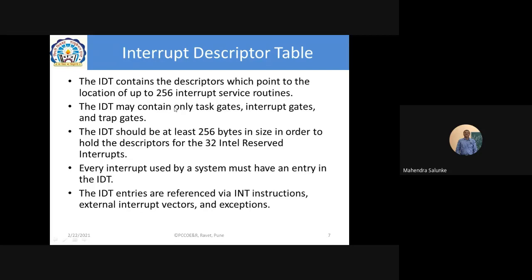Can anyone tell me how much maximum size we can have for the interrupt descriptor table?